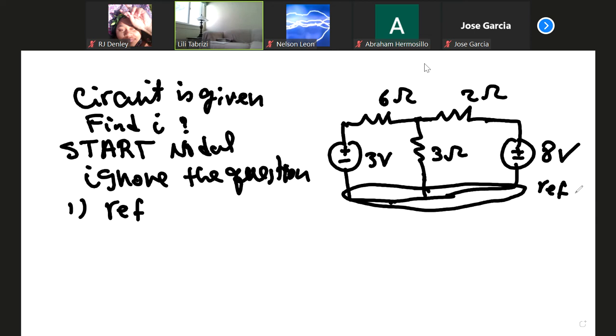Okay, Gonzalez. Except for the reference, identify all essential nodes. How many other essential nodes do you observe here? Three, four. What is an essential node?